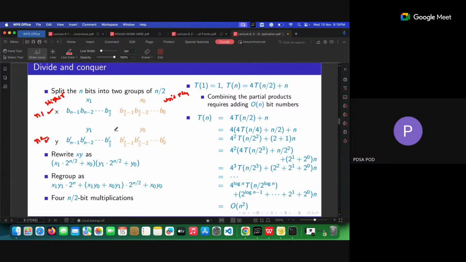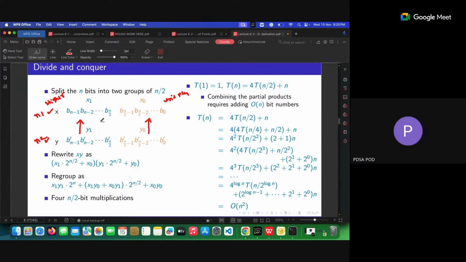Here you want to do the multiplication. Each bit of this, we try to multiply: each y0 with x1. Similarly, each y1 with x1, because it has 2 partitions.